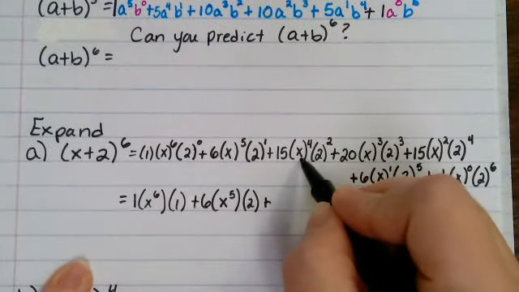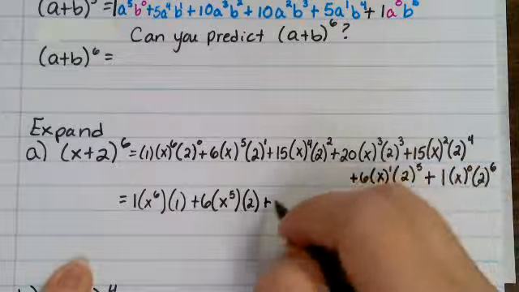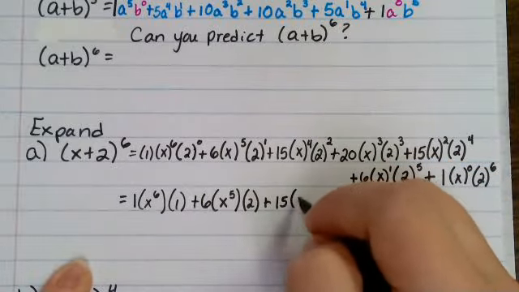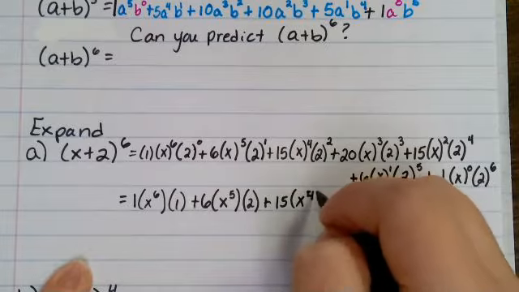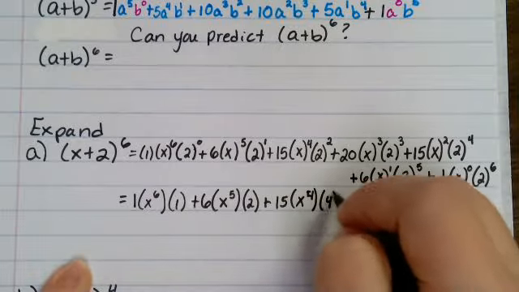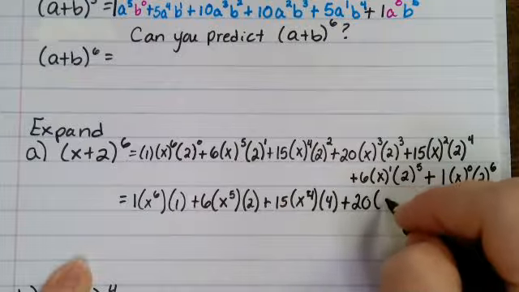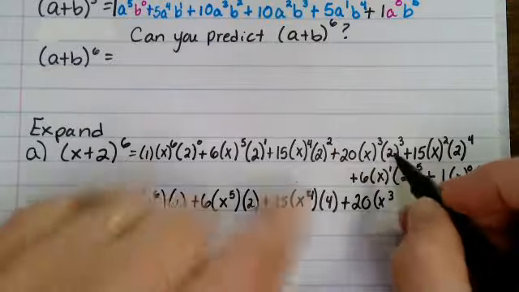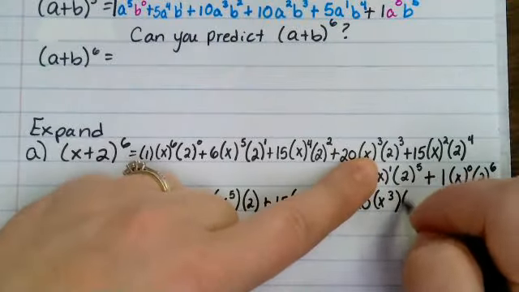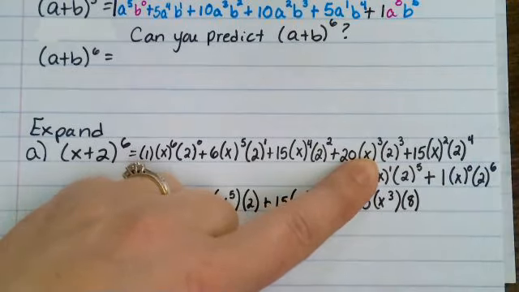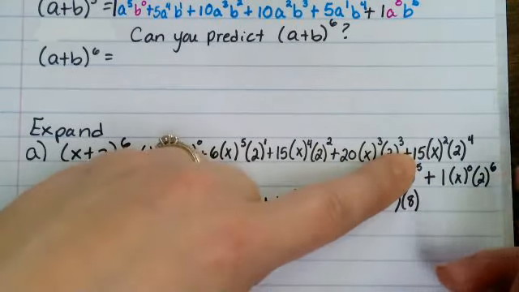All right, 15 times x to the fourth times 2 squared. So this is 15 times x to the fourth times 2 squared is 4. The next one, 20 times x cubed times 2 cubed, which is 8. Okay, next term, I know it's starting to get messy here.